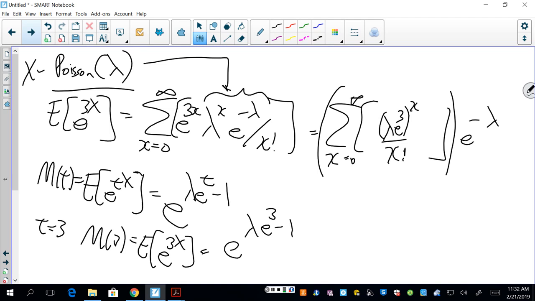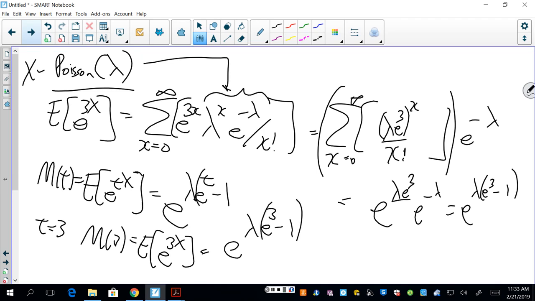And this, with the special summation, is e to the lambda e cubed. Right? It's e to the thing that's inside, and e to the negative lambda. So if you combine those things, you get e to the lambda (e to the 3 minus 1). I think I forgot a bracket. Sorry about that.